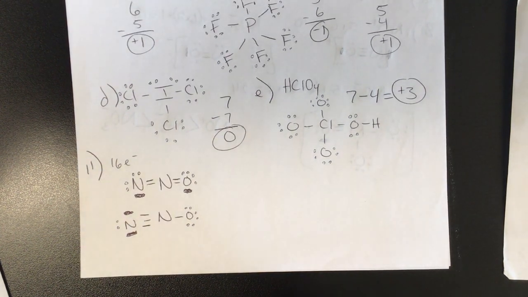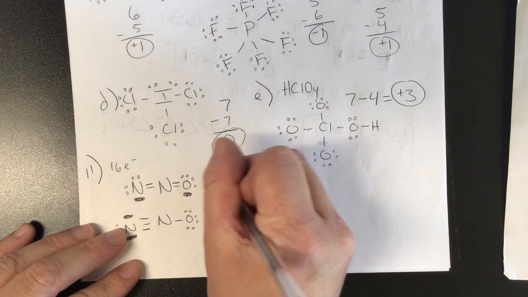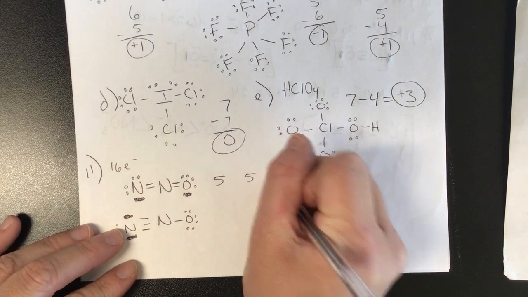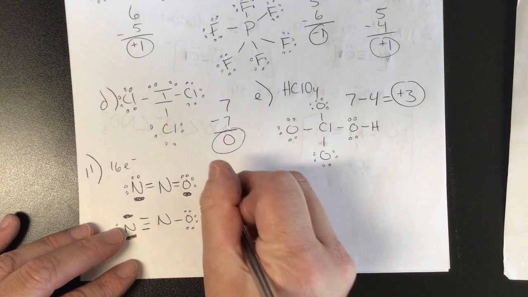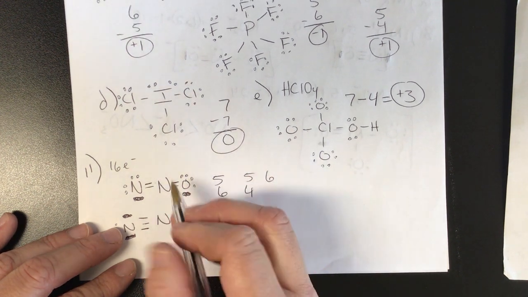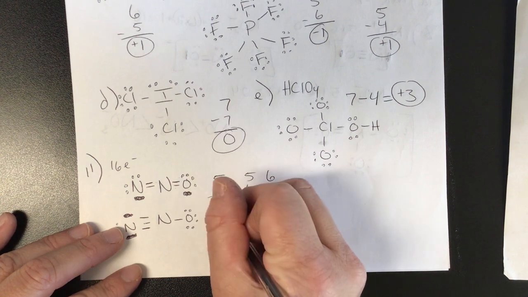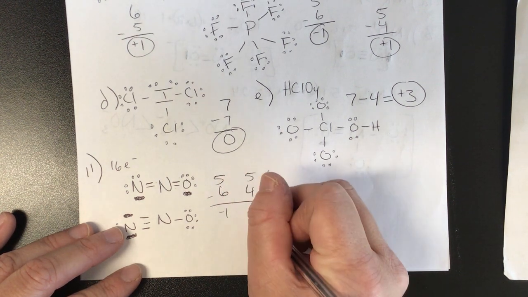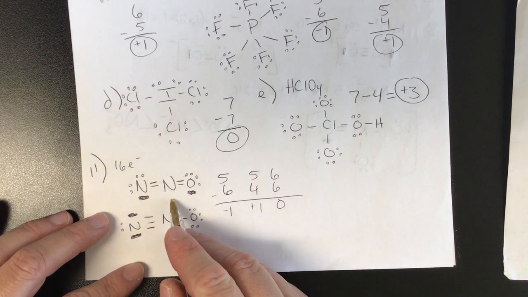So doing the formal charge, we have 5, 5, and 6 for valence, and the assigned is 1, 2, 3, 4, 5, 6. And over here, 1, 2, 3, 4, and then 1, 2, 3, 4, 5, 6. So we're going to get a -1, +1, 0 for our first structure.